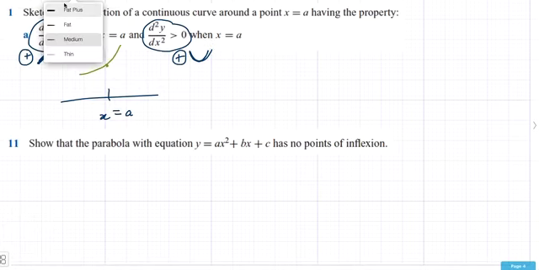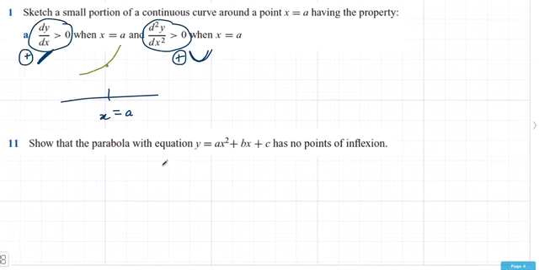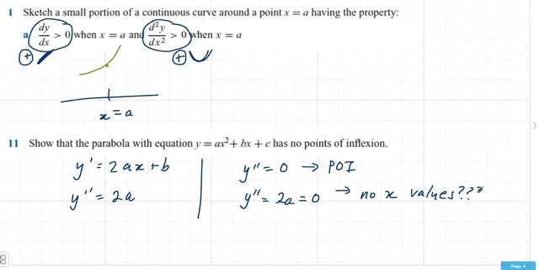All right, the next one, you've got a parabola. Show that the parabola with the following equation has no points of inflection. Well, we're going to differentiate that 2 times and see what we have, because we know the second derivative is what we need. Remember that we need to set the second derivative equal to 0 to find any points of inflection. But there's no x values here, because it's only the 2a, the constant part, that is left.